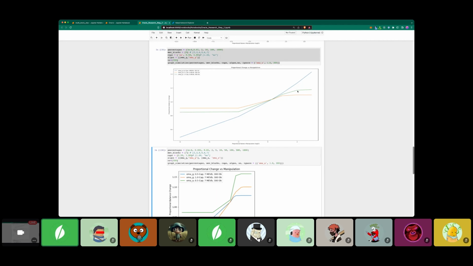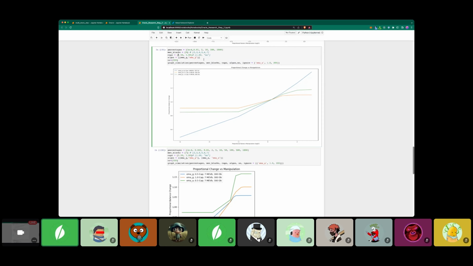You can see here in this graph with a 9-block multi-block MEV, we're looking at something like 45% Oracle manipulation without a cap. With a 50% cap, we're looking at something like 10% Oracle manipulation, and with a 100% cap, something like 20% Oracle manipulation.